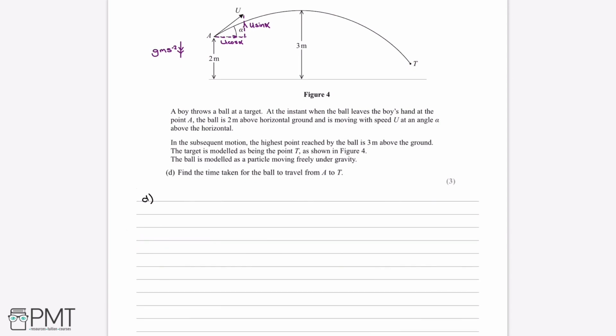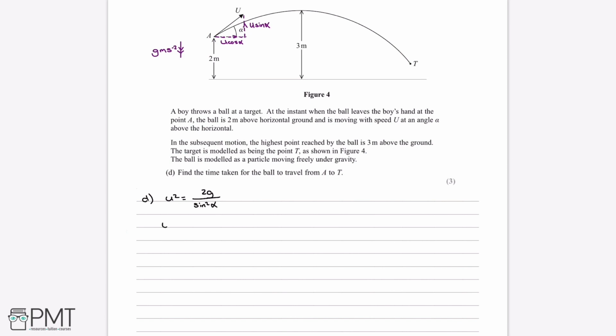And the way we can find out what U is, is to use another equation that we found, this time one we found in part A. And that equation is U squared is equal to 2g divided by sine squared alpha. Obviously, we could have found another equation in terms of U, but since we already have this one, where we know all the terms apart from U, it's just easier to use one we already have.